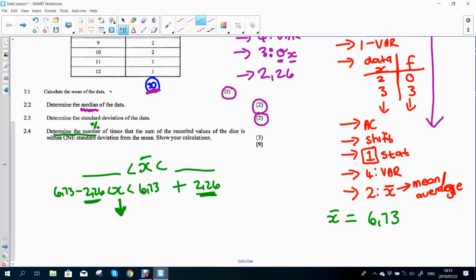And if you do that, you get a value of 4,47, and your upper boundary, you get 8,99. So you want to go and count how many of the numbers you have that are lying between 4,47 and 8,99.